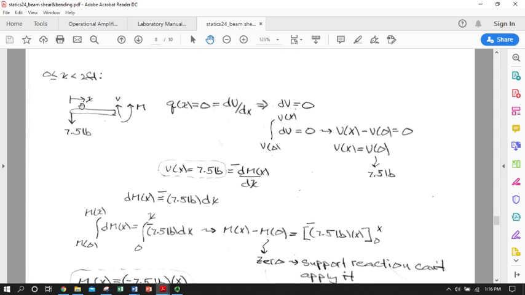So we're going to start with x greater than or equal to 0 and less than 2 feet. The distributed load is 0, which is equal to dV/dx. And so we can write that in differential form as dV equals 0. Now I'm going to take this differential form and I'm going to integrate it.